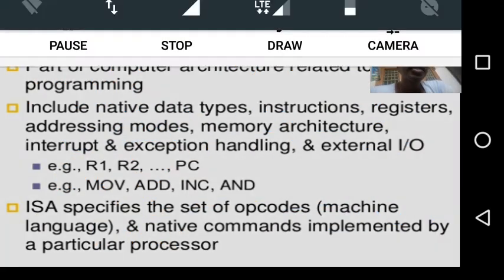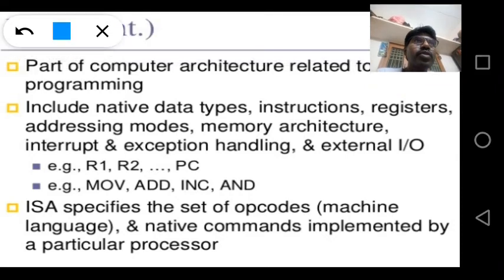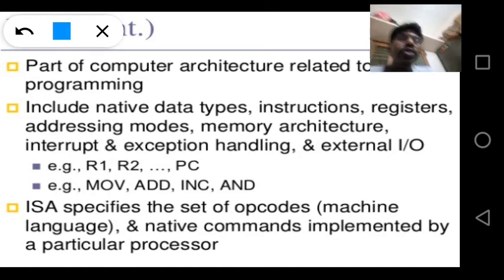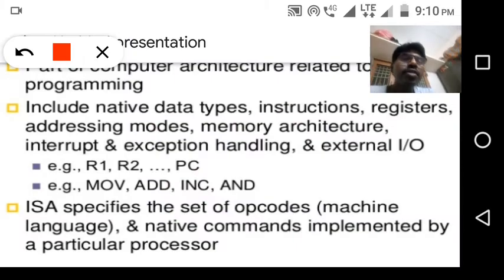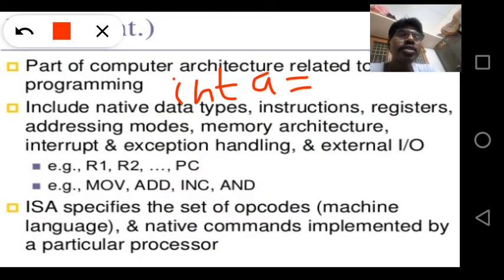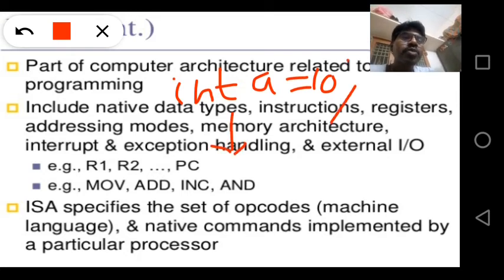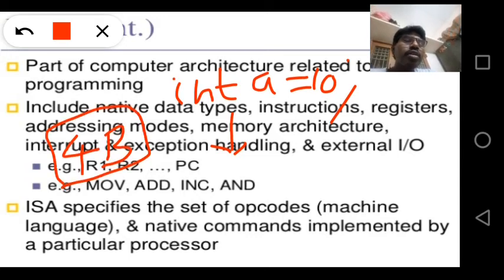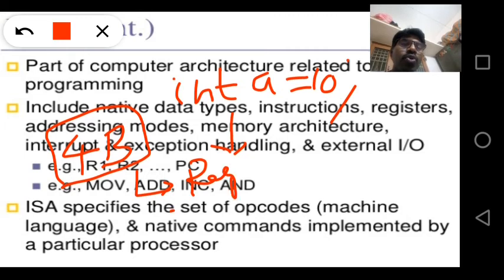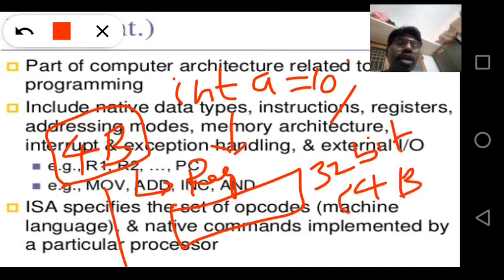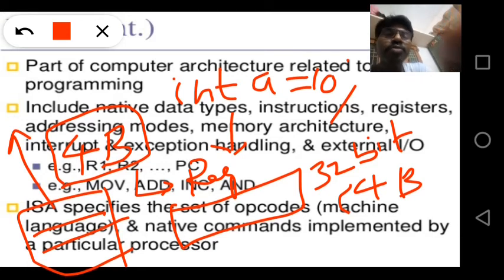So when you declare an integer variable int a = 10, the hardware understands that the integer has to be allocated 4 bytes of memory, the length of the register is also 32 bits, that is 4 bytes, and the length of the main memory word might also be 4 bytes, that is 32 bits.